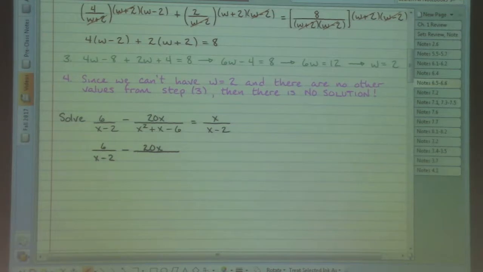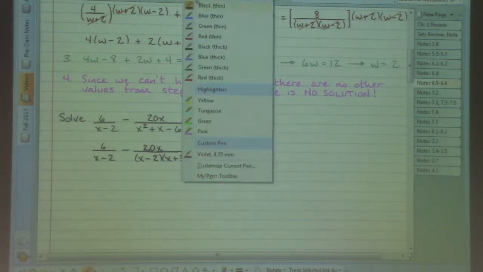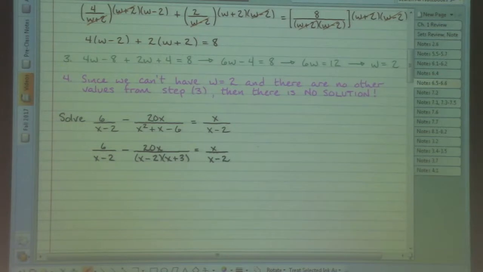If we take that second denominator, x squared plus x minus 6, and factor that, we'll have an x minus 2 and an x plus 3. So we can go ahead and, off to the side, write down a comment here about that LCD.